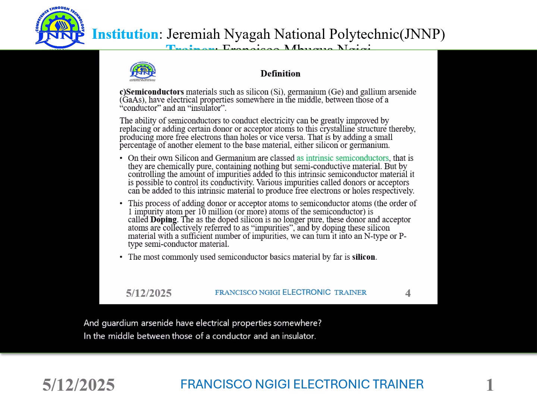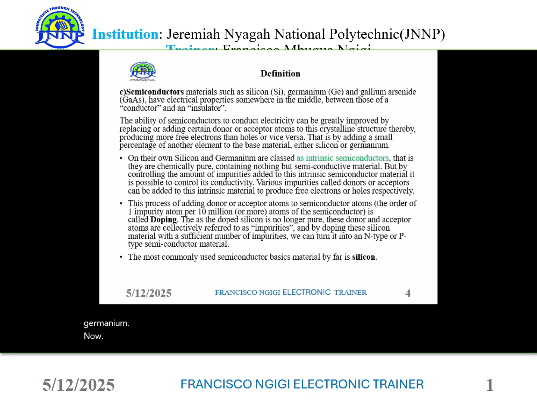The ability of semiconductors to conduct electricity can be greatly improved by adding certain donor or acceptor atoms to this crystalline structure, thereby producing more free electrons than holes or vice versa. That is, by adding a small percentage of another element to the base material, either silicon or germanium.